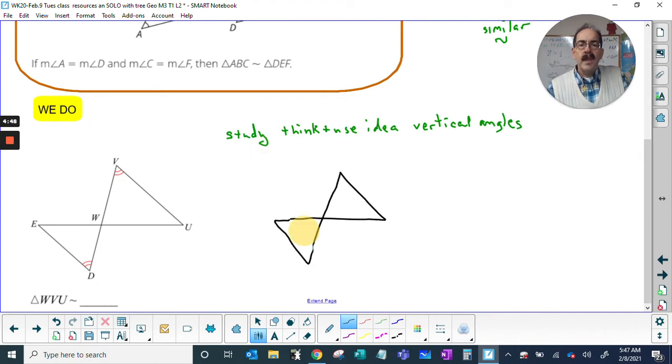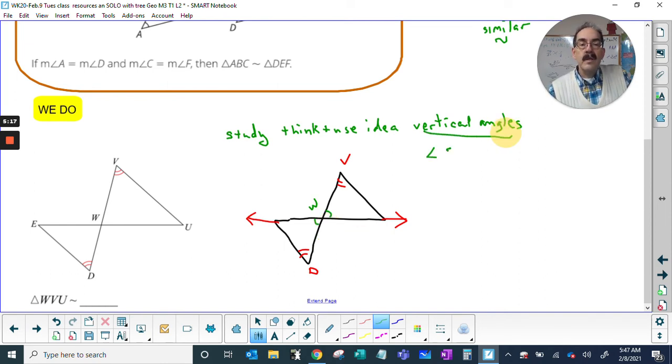Now, they told us that is equal to that. So we have D and V. Now remember the idea of vertical angles. If I have 2 lines that intersect, I know that these angles are congruent. So vertical angles.